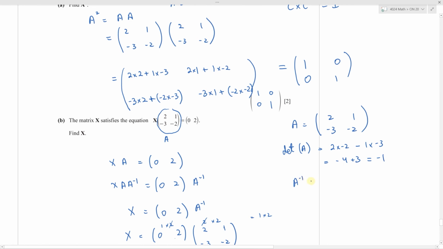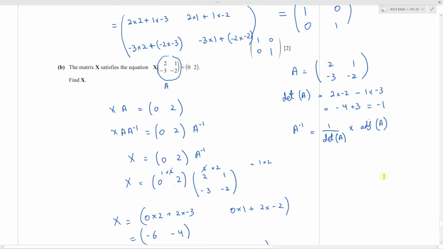Now to find A inverse, you do 1 over determinant of A multiplied by the adjugate of A. And adjugate is simply you swap the position of these two and you change the sign of these two values. So 1 over determinant of A is 1 over minus 1 multiplied by adjugate.